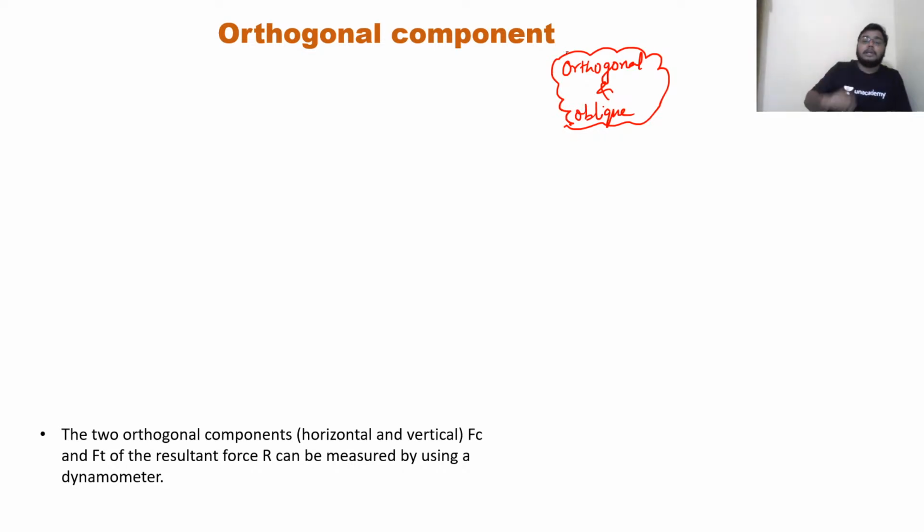So in orthogonal, what is happening? There are two components of force that act, known as FC and FT. These two orthogonal components are horizontal and vertical. And most importantly, FC and FT are measured with the help of a device known as a dynamometer.